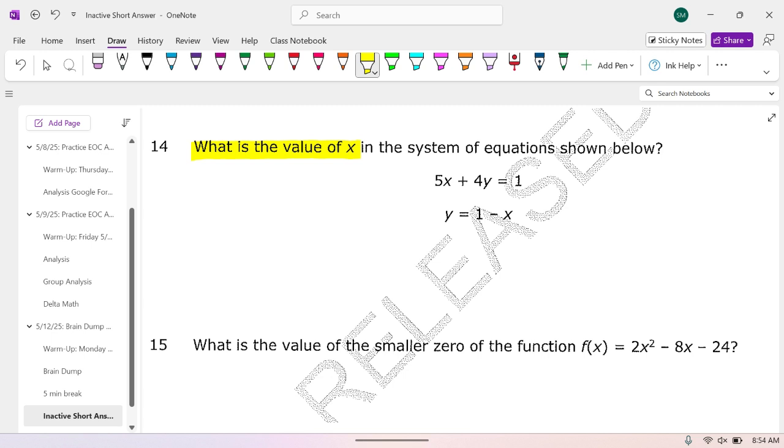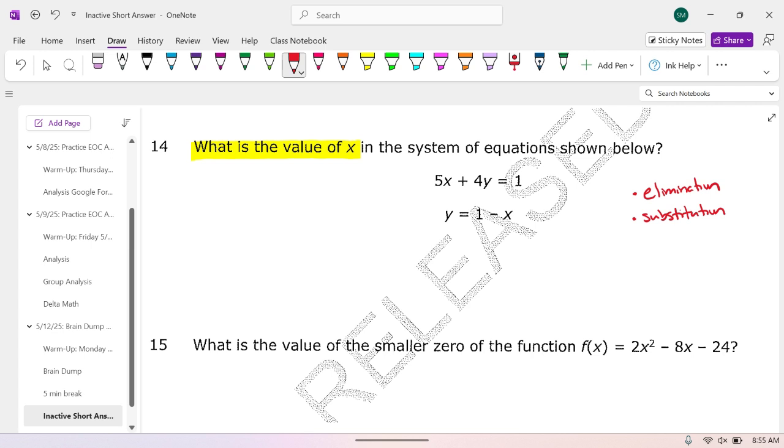So systems is on the second page of your brain dump. We're in the calculator inactive, so there's only 2 ways that we could solve this. Elimination or what? Substitution. So we can either solve by elimination or substitution.